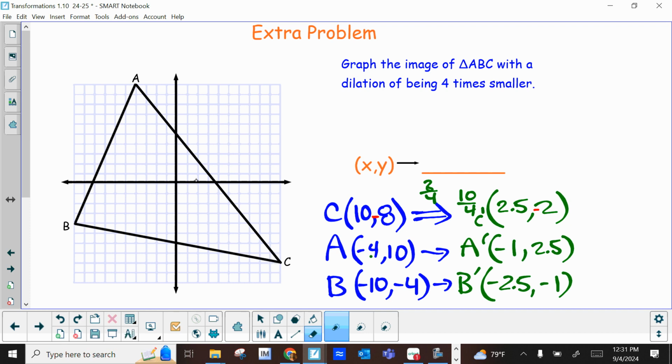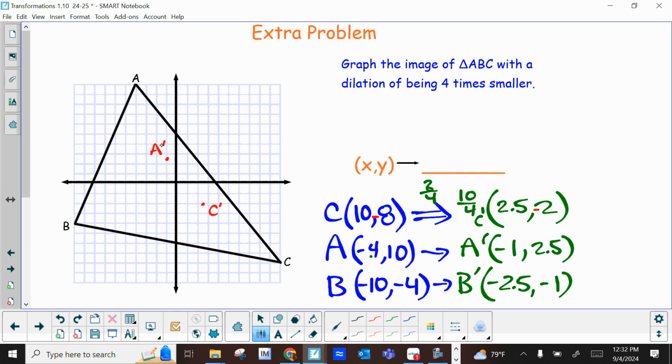Okay, 2.5 over, and then down 2. So you see how it's right in the middle? You can handle 2.5. So that's going to be your C prime. All right, let's do A. A is at -1, 2.5. There's your A prime.